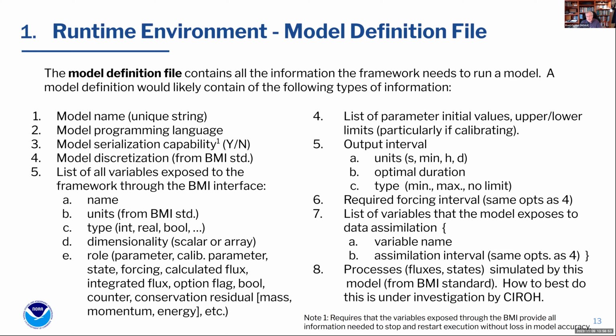How do you best come up with a set of those that's inclusive, that allows the framework to identify if a model that's being constructed from components is all of the components are compatible, and that it's complete in terms of complying with some perceptual model of what the user believes are important processes.